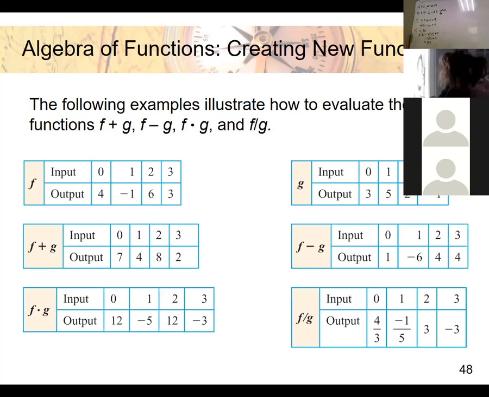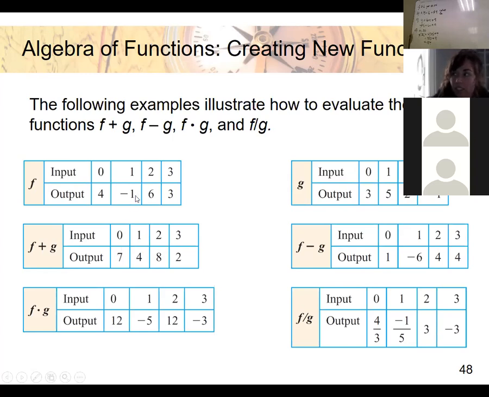And if I want to find out what f plus g is, that's this right here, the inputs are going to be the same. To find this new output for the sum of f and g, we take the output of f and the output of g and add them together. So 4 plus this 3 gives you 7.